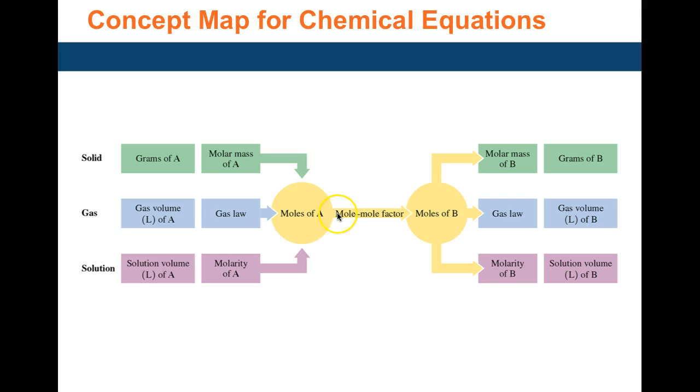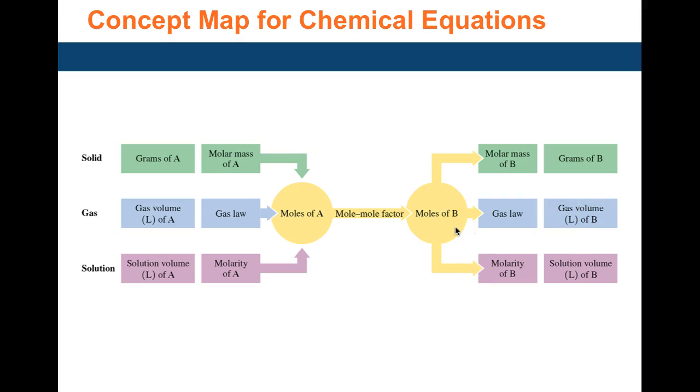Then once you have the moles of reactant, you can use mole factors to convert it into moles of B, which is the product. If you want your answer in grams of B, the product, you multiply the moles of B by the molar mass of B. If you want its volume, if it's a gas, then again plug it into PV equals nRT and solve for V, the volume.